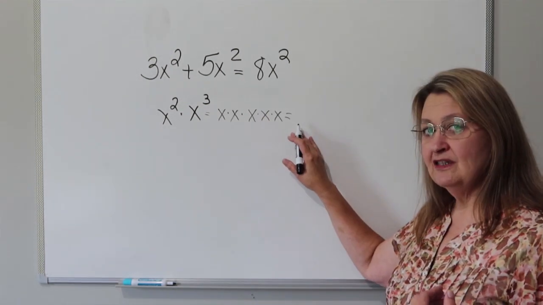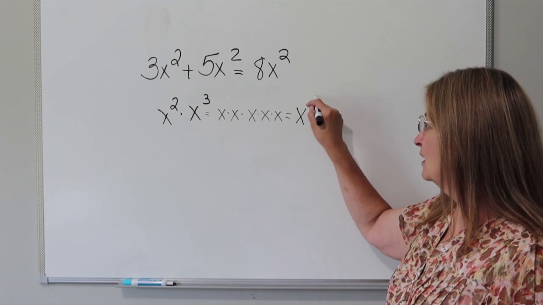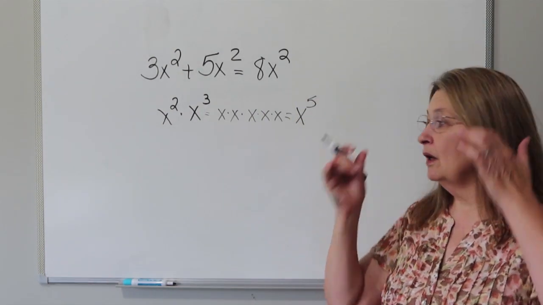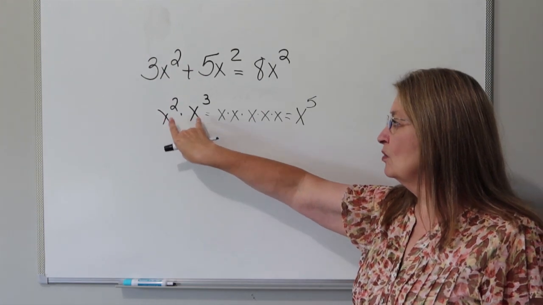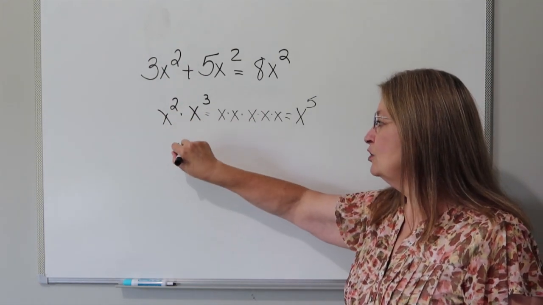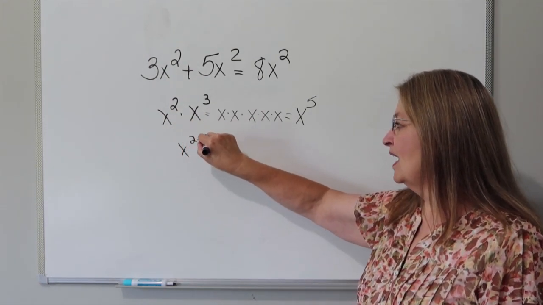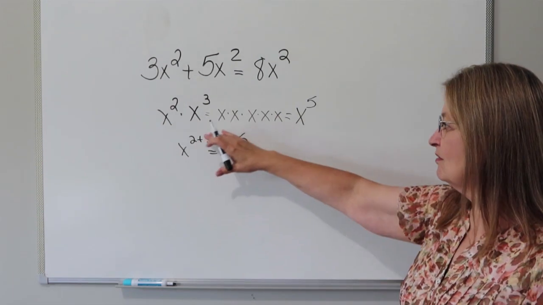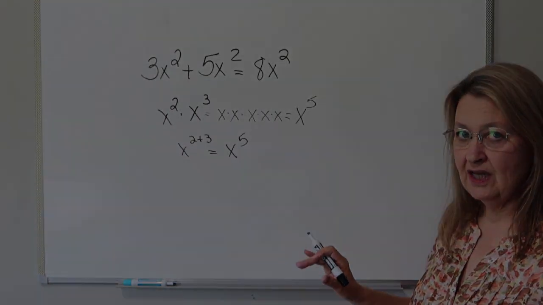So how many times is this base multiplied by itself? 5 times. And yes, you can take a shortcut. If you have two bases with two exponents, you can just add the exponents together to get your new exponents. You don't have to write this out every time.